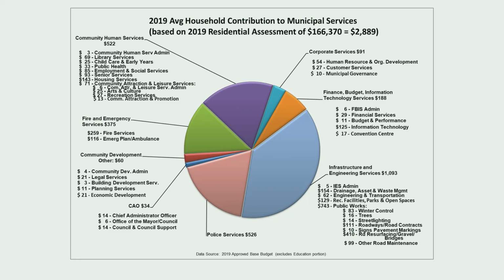So the slide shown here is information that Chatham-Kent inserts within the final tax bill. It outlines the departmental distribution of taxes on the average residential property. For example, in 2019, on a house assessed at $166,000, $526 of the approximately $2,900 tax bill went towards police services, and $375 went towards fire and emergency services.